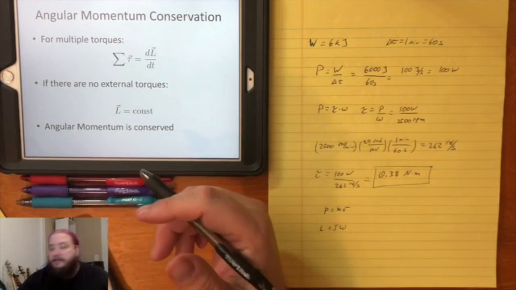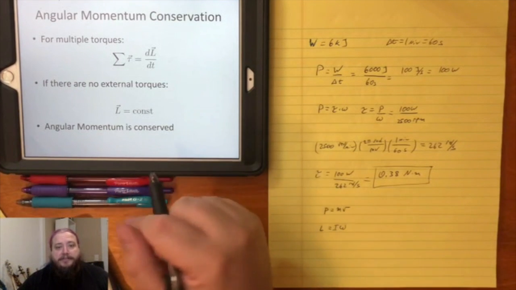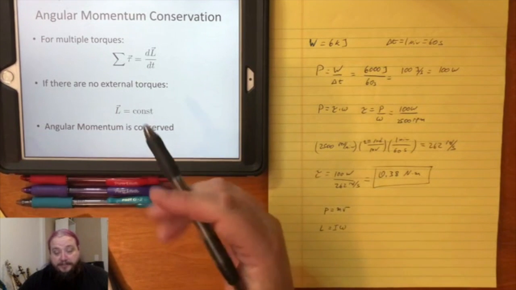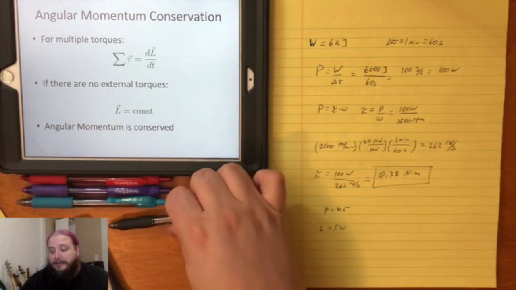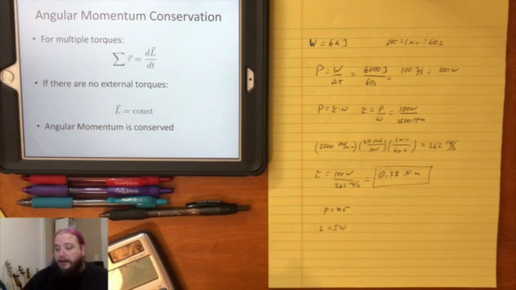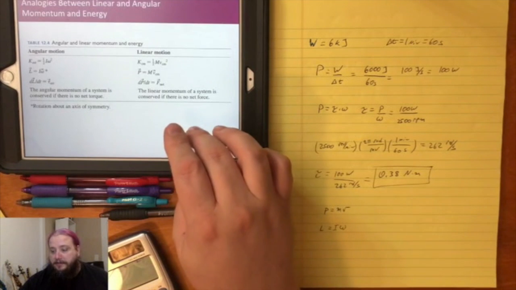And this gives us problems that behave in very much the same way that momentum conservation problems and collisions behaved in linear momentum, but they come out in terms of angular quantities.